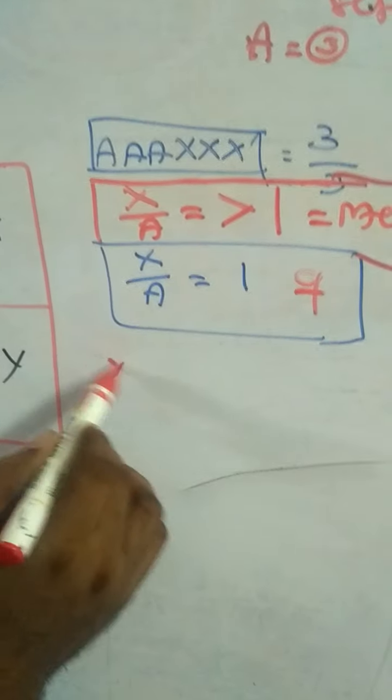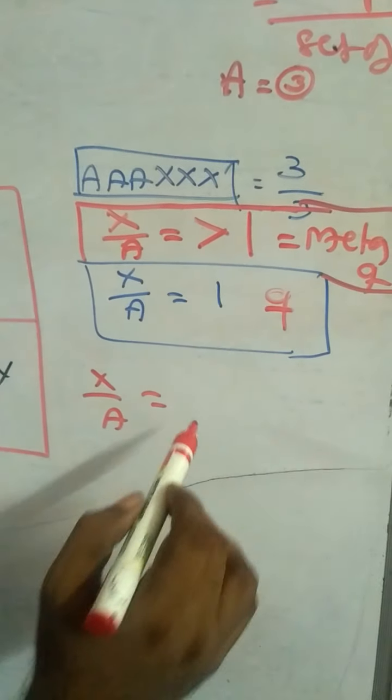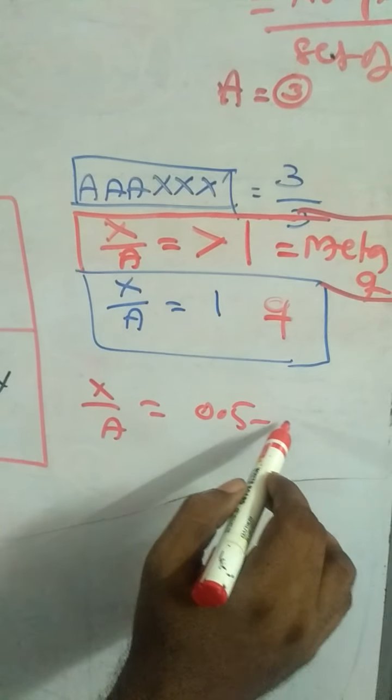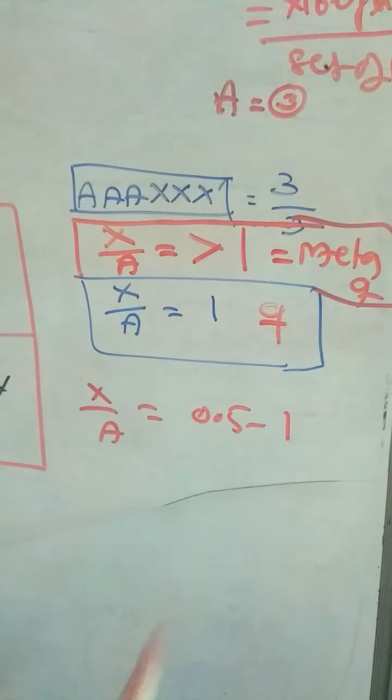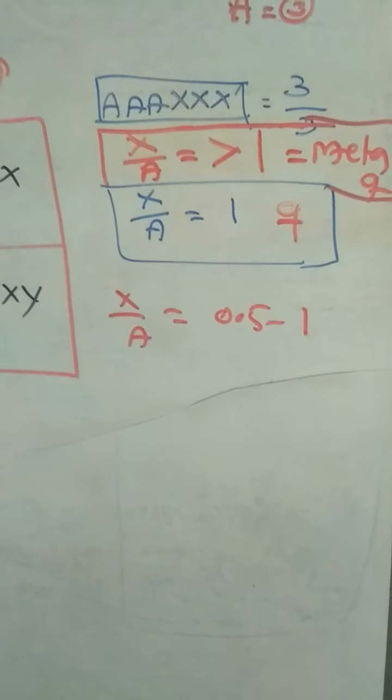And next, if the X by A ratio is between 0.5 and 1, that is intersex.